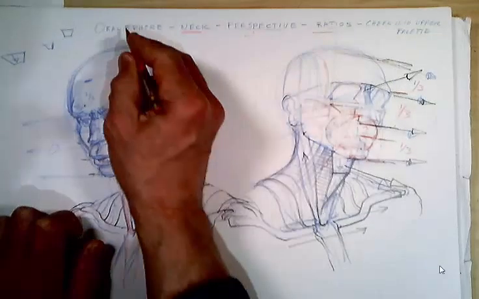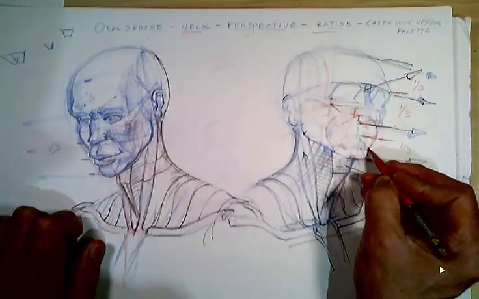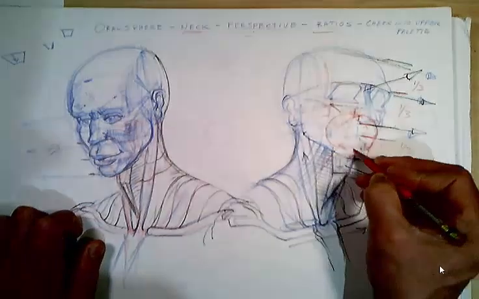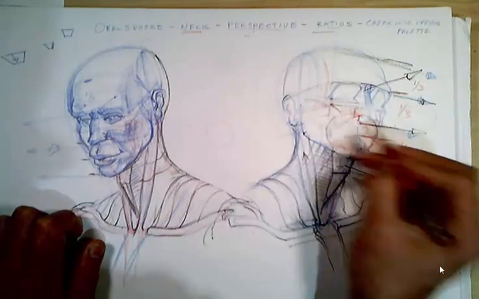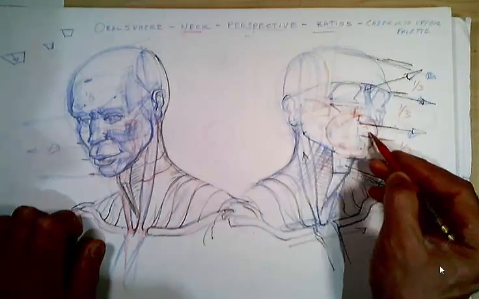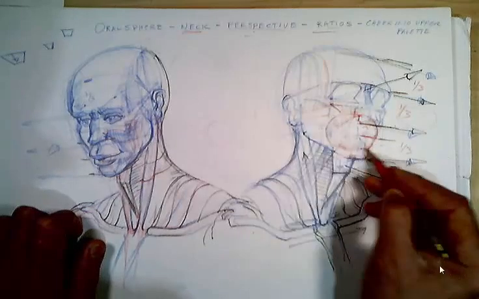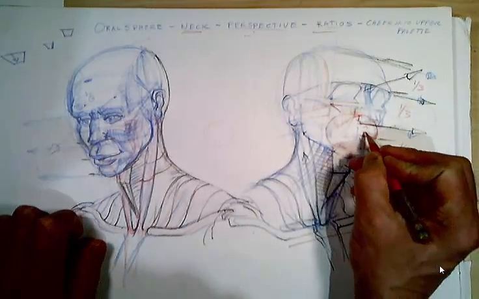Let's go with the oral sphere here. Think of the oral sphere as a slightly squashed orange that's going back into the head. Back here is the back of the throat. This represents the upper and lower palate, the teeth, and this part of the jaw line.